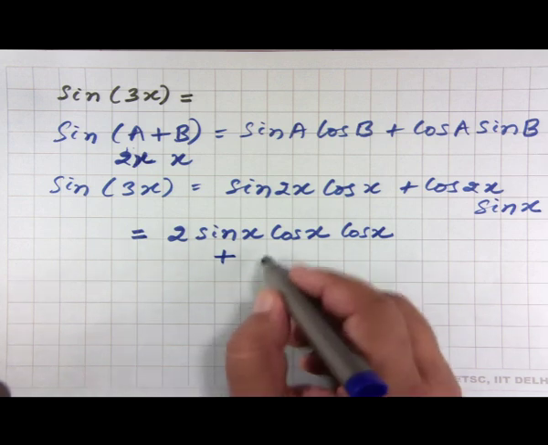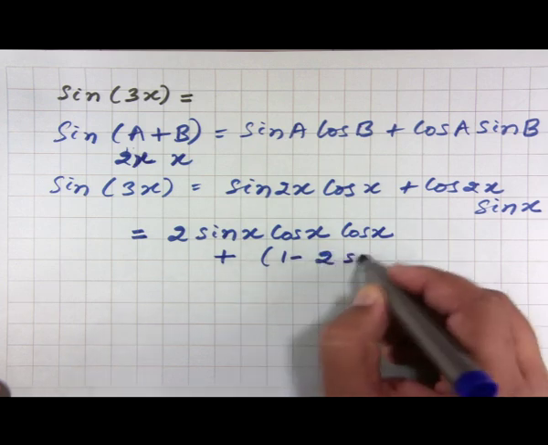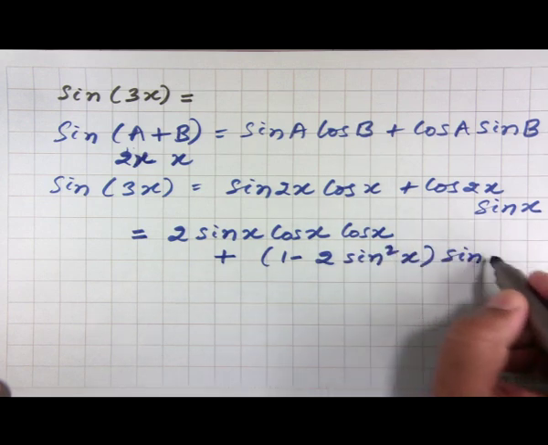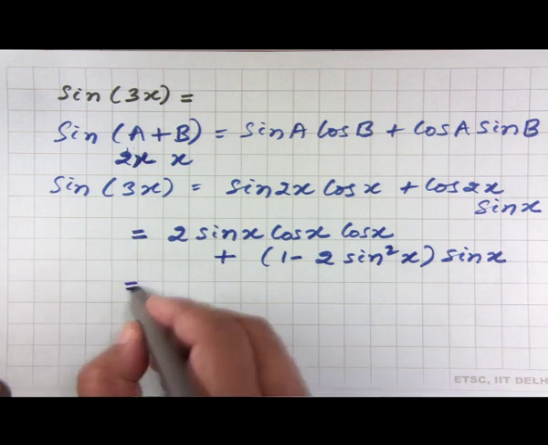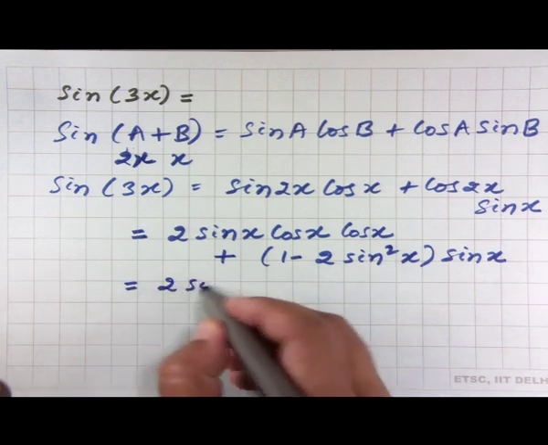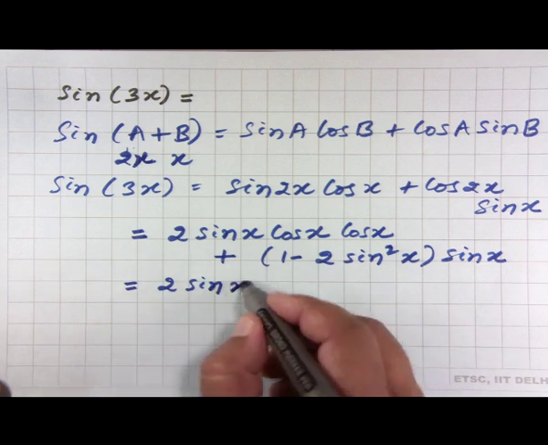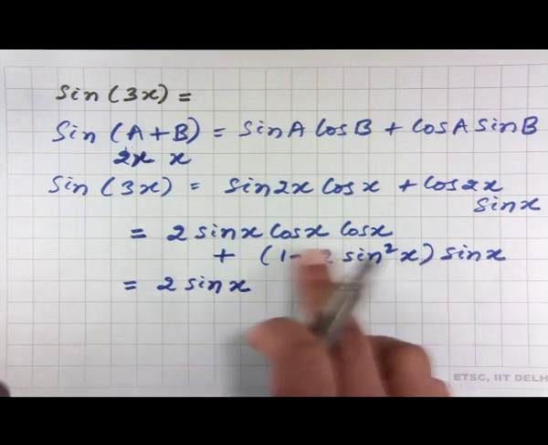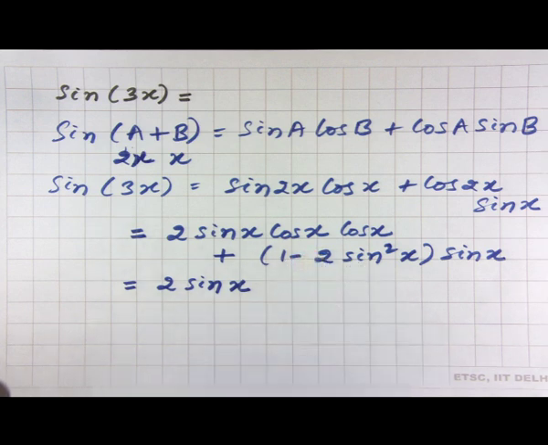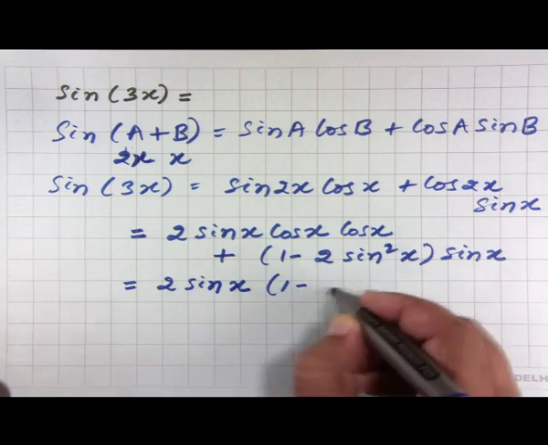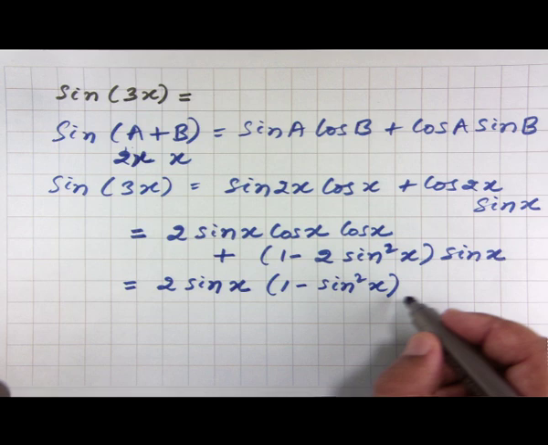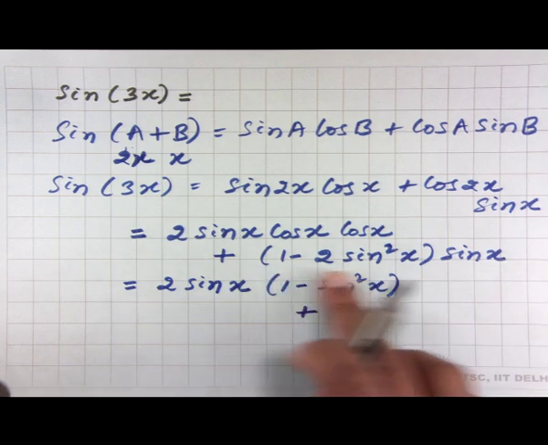Therefore, two sin x times cos square x, but cos square x is 1 minus sin square x. And then we can open up this expression.